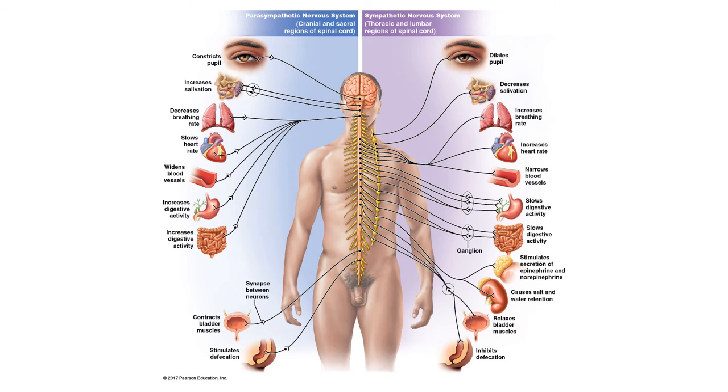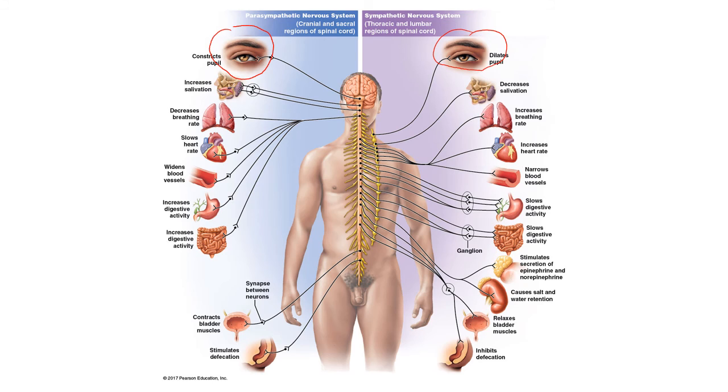So again, we have our parasympathetic versus our sympathetic nervous system. And notice that of these divisions of the autonomic nervous system, the organs are controlled by both divisions. So for instance, the parasympathetic division controls the eye, and so does the sympathetic nervous system.